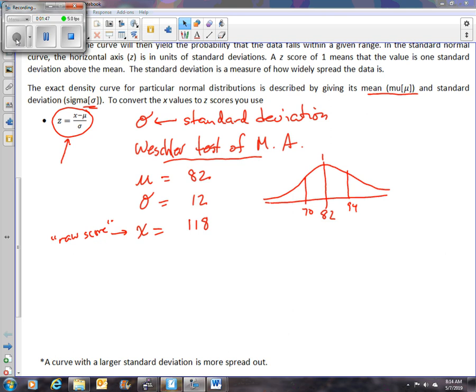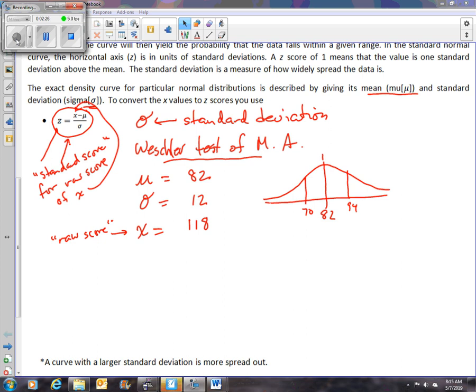Now, the z-score would be the standard score for the raw score of x. So we can convert these raw scores to standard scores if the data is normally distributed. We can convert them so that they fit the standard normal curve with this equation.